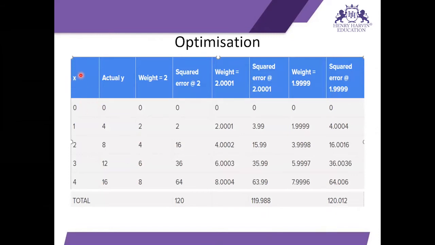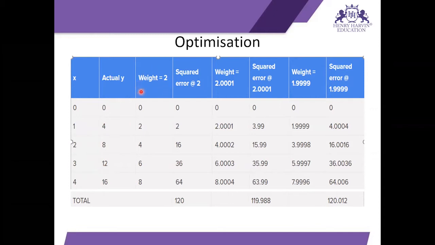We have x and this is the actual value of y. If we try to find the relationship between x and y, immediately we can figure out that y is equal to 4x, since it is a simple relationship. Just think that it is a complicated relationship, or the machine doesn't know the relation between x and y.